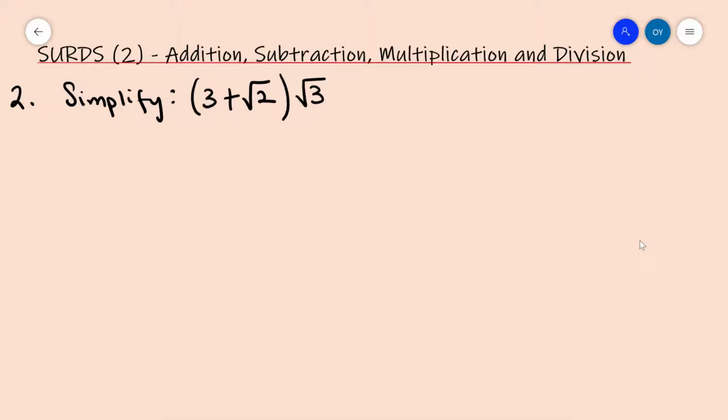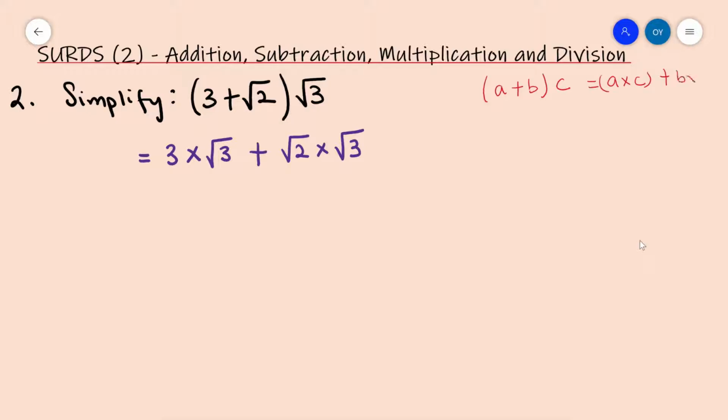Here, we open the bracket, or we expand. So we have 3 multiplied by root 3 plus root 2 multiplied by root 3. This is from algebra. a plus b bracket c would give you a times c plus b times c.